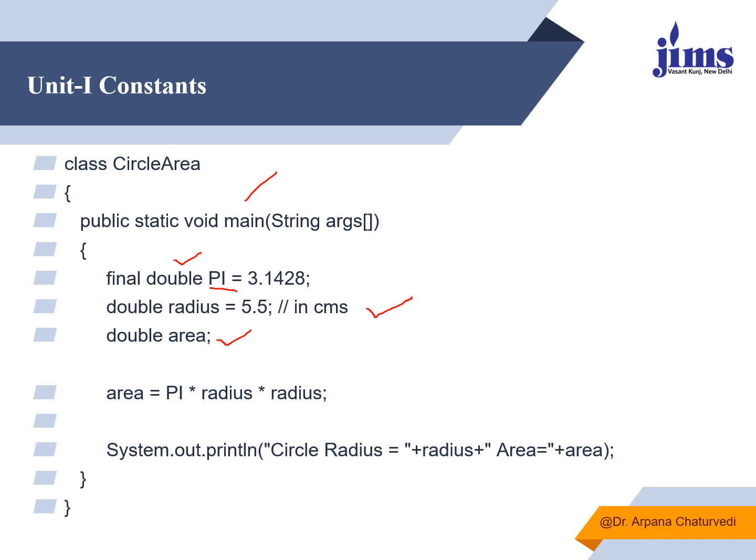Now I am calculating the value over here, pi into radius into radius. Radius will be coming from here and this 3.14 will be coming from here. It will calculate the value and then store it into area. When I display, I will be able to get the area of a circle with radius 5.5. So here we learned how we used a constant variable pi.